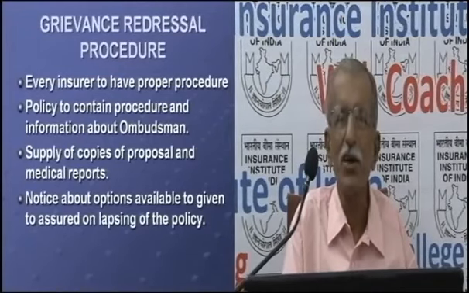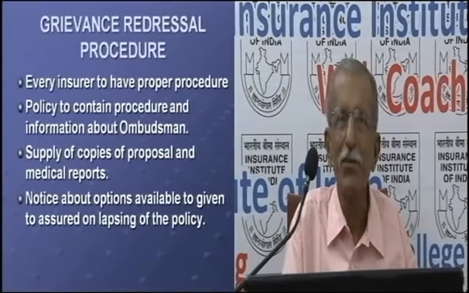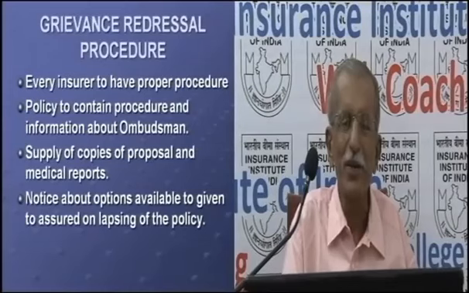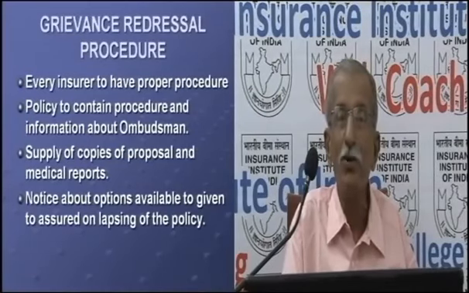Every insurance company should have grievance department which should handle the grievances of the client in a satisfactory manner. And this procedure and working of the grievance department is closely monitored by IRDA. So policy should contain the procedure and information about outside agency like ombudsman.